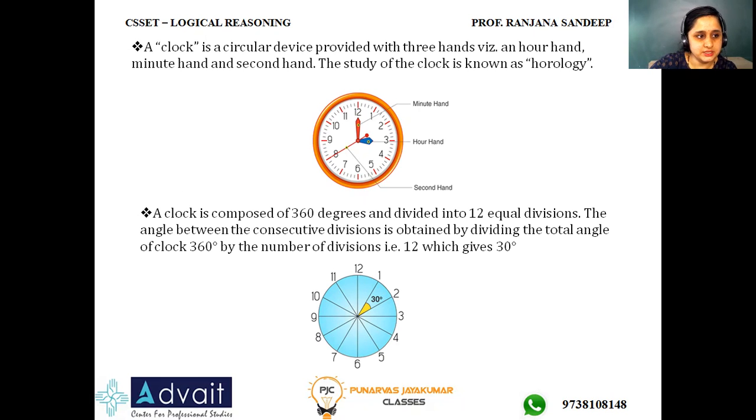When I consider each division, the angle between two consecutive divisions is 30 degrees. When I say one division, it refers to 5 minutes, correct? So for 5 minutes, the angle is 30 degrees. What about 1 minute? Each division is divided into 5 subdivisions.